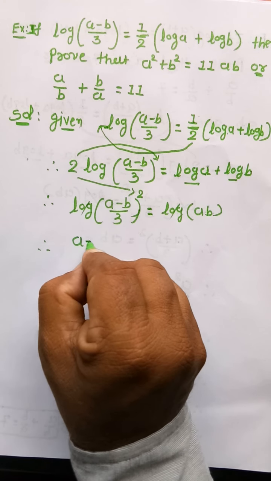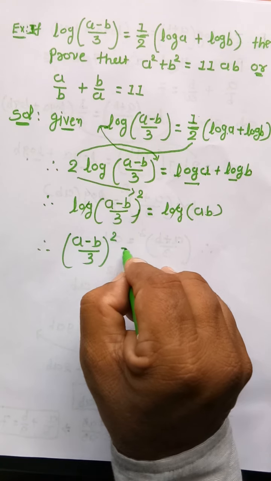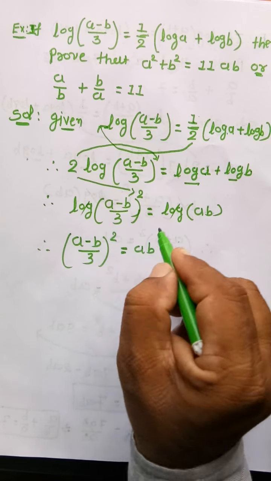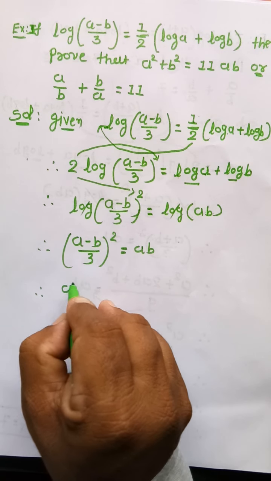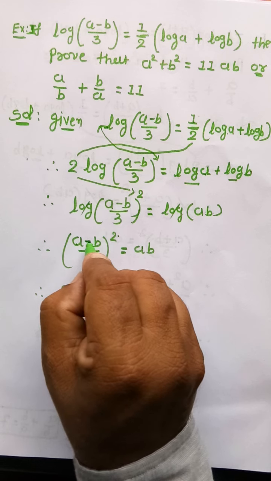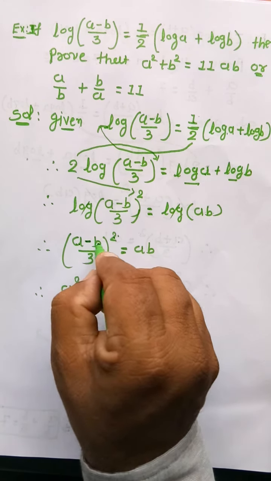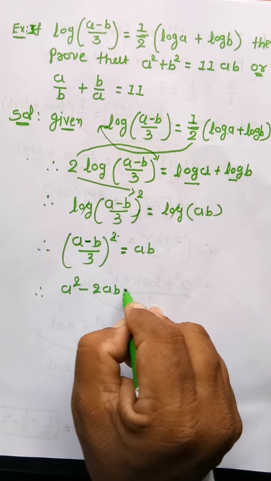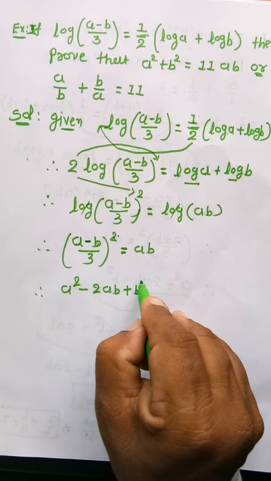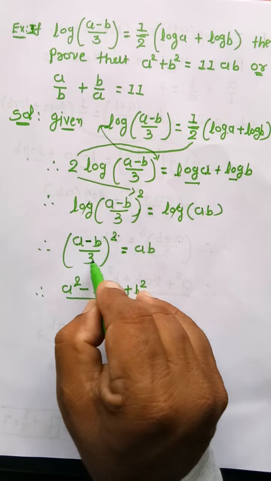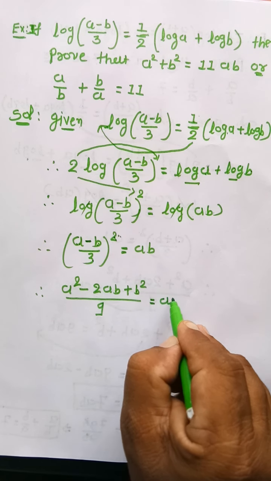So (a minus b) by 3 whole square is equal to ab. Now (a minus b) whole square is equal to a square minus 2ab plus b square. Now 3 square is equal to 9, so 9 is equal to ab.